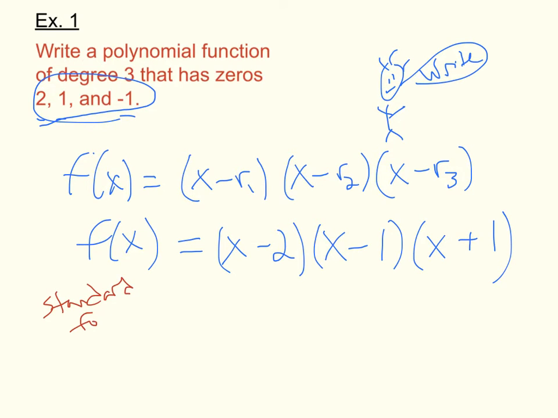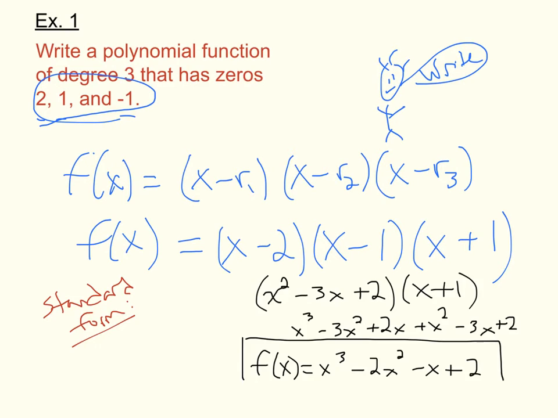I will often ask for standard form, which just means you're going to have to do the multiplication and rewrite this as a polynomial in standard form. So I will do the multiplication quickly, and you can see if you agree with my answer. So actually, why don't you pause the video, try it yourself, and then you can resume the video to check. So there's my work, and there's the final answer for the polynomial function that fits the criteria specified in the example. Let's do one more example.